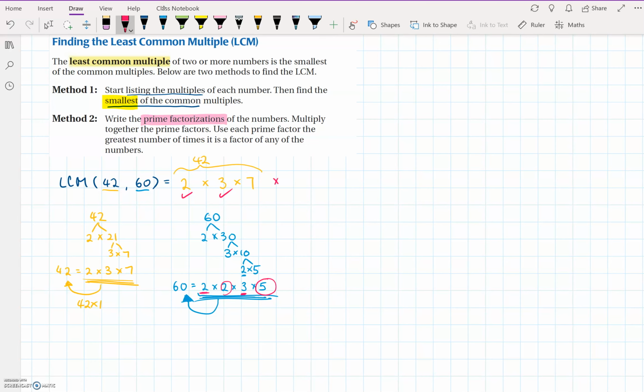So I add them in the back here, times 2 and times 5. So essentially I'm saying I need 2 times 3 times 7 times 2 times 5 in order to get the number 60. This is the minimum I need in order to get a multiple of 60. To sum it up, my least common multiple of 42 and 60 is 420, and that's just from multiplying all of the numbers together.